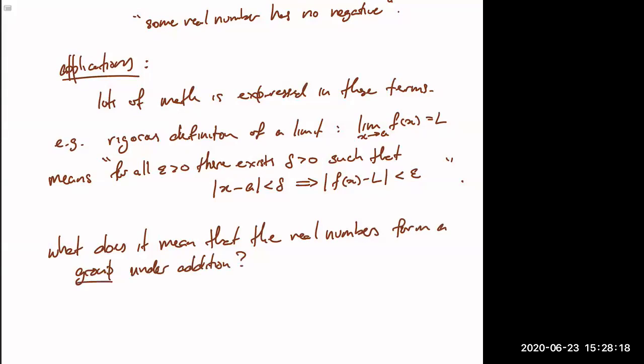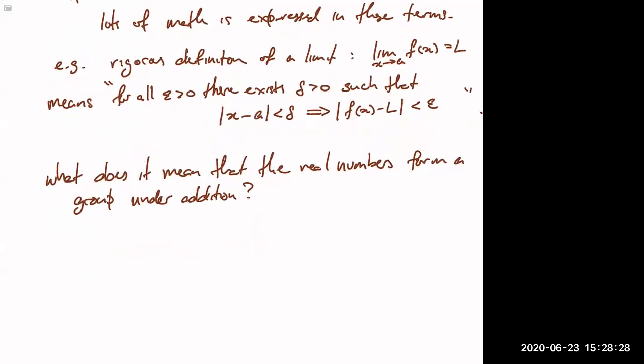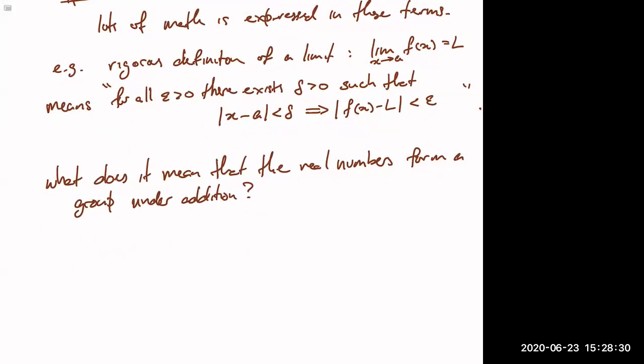So a group is some kind of mathematical object that is the subject of abstract algebra. And what is a group? I mean, I'm not going to define a group in general, but the real numbers are a group, and what does this mean? It means three things.